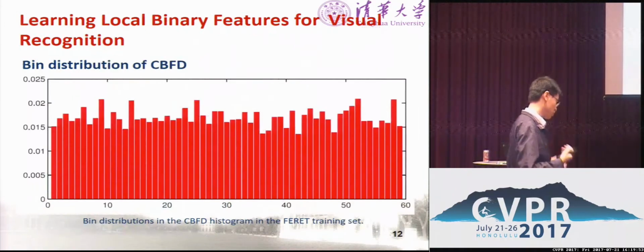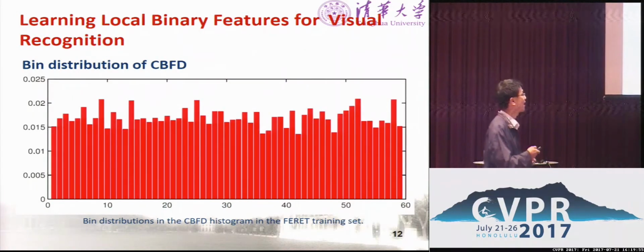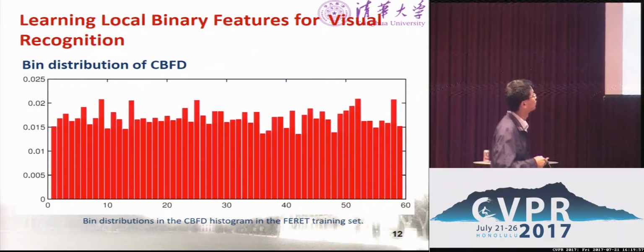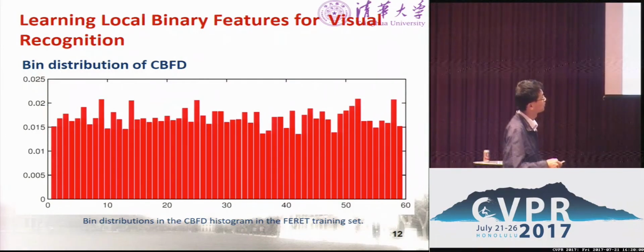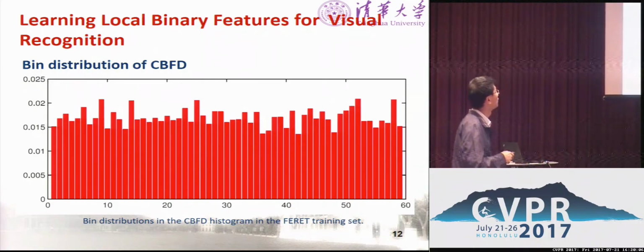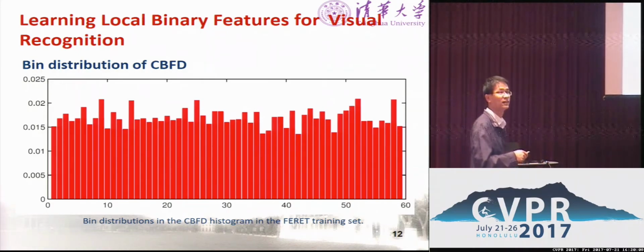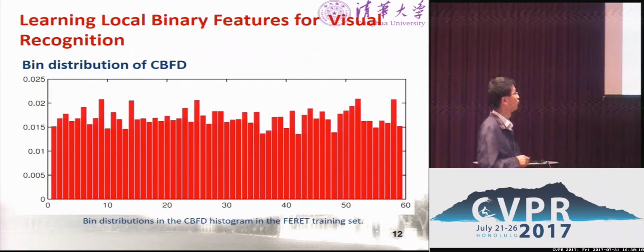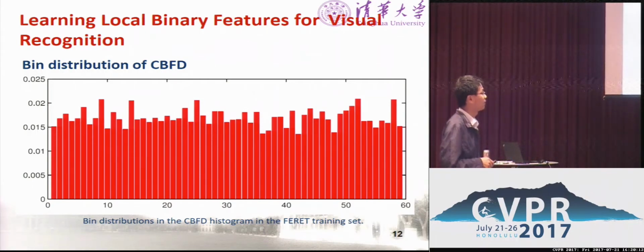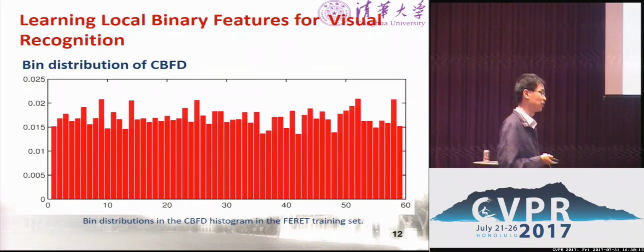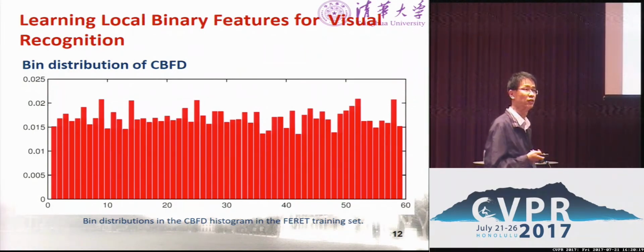So based on these three criteria, we can find that the learned binary code, or the learned binary representation, or the bin distribution, is much more even than before. Even though they are not exactly the same, we can find the distribution is much more even than before. Based on this idea, this learning criterion can enhance the discriminative power of the learned binary feature descriptor.